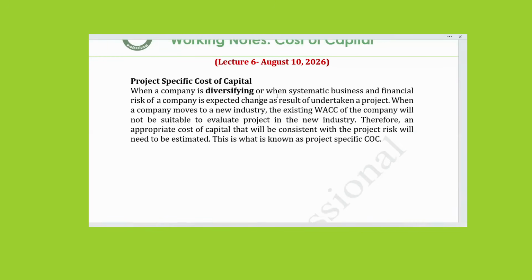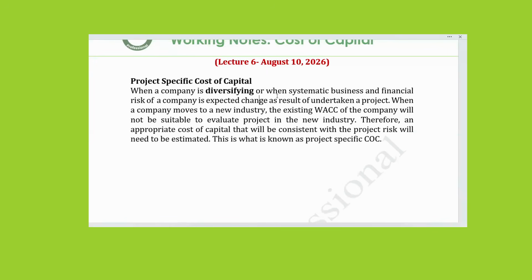So you are moving from oil and gas to communication. That means the company is diversifying, because it is not at all times that the examiner will mention diversification in the question. Once there's an indication that the company is moving from one industry to another, project-specific cost of capital is calling on you. That's what you need to look out for.